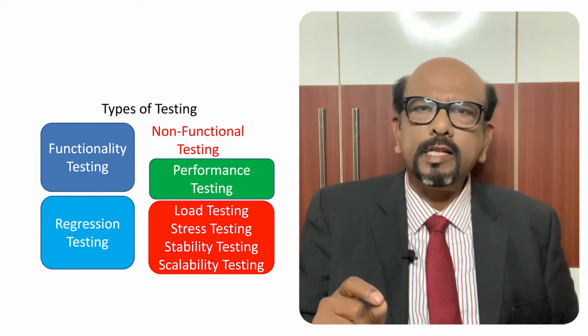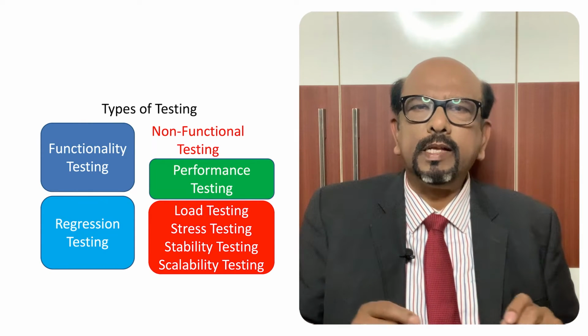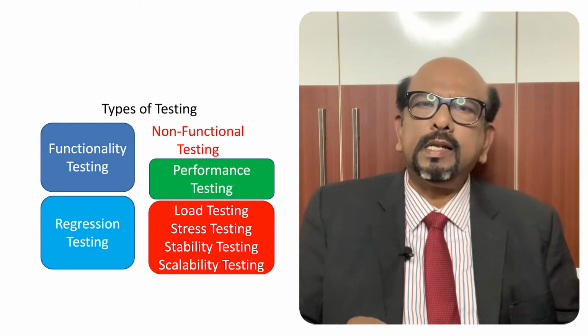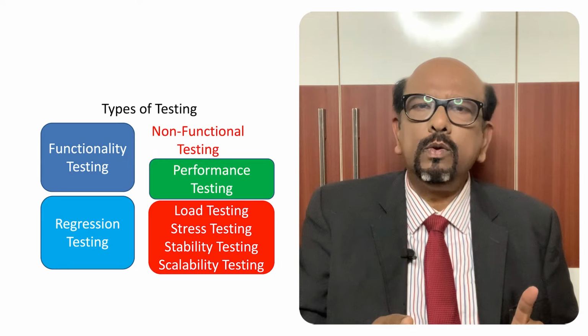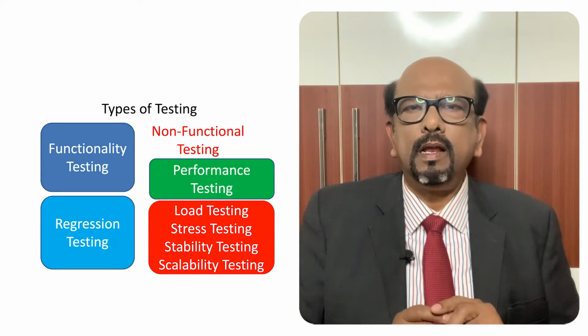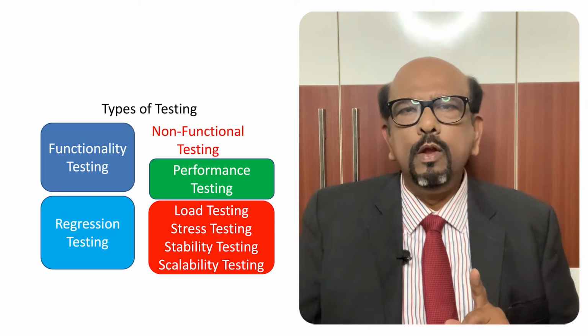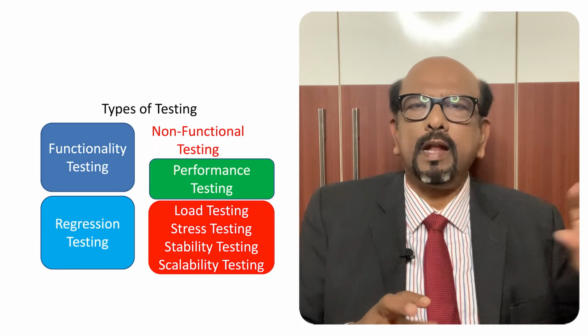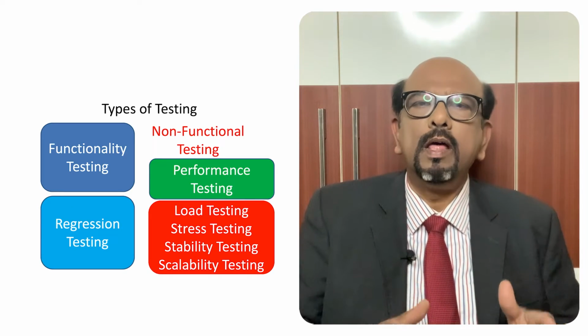So, during enhancements, regression testing is to verify if all the existing functionalities continue even after adding the new functionalities. Regression testing ensures that the new functionality has not damaged any of the existing functionalities. That is what is called regression testing.